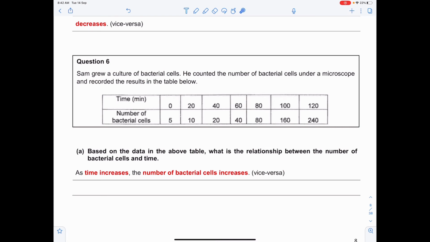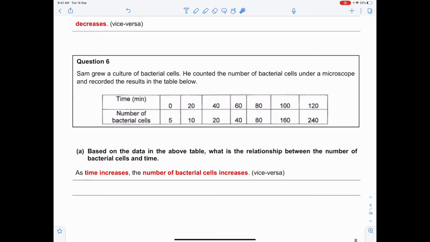If they show you a graph, okay, this is amount of light, this is number of bubbles, and it shows something like this: as amount of light increases, number of bubbles increases. This is not a prediction. Then they ask you, what is the relationship? This is a relationship that you see from the graph.